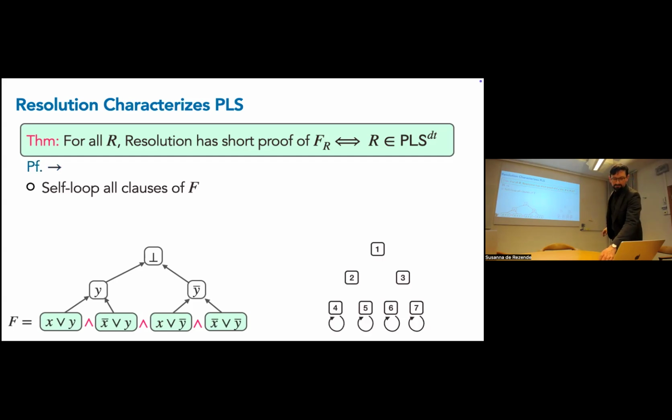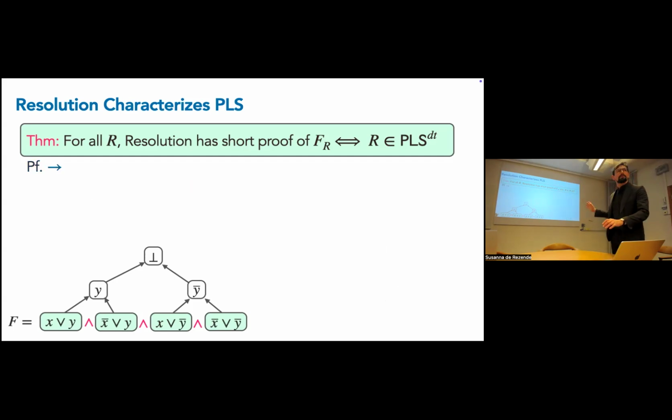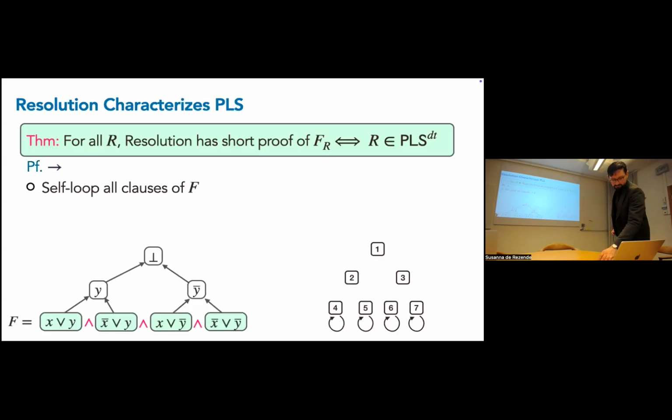And remember, PLS is the problem of finding a sink in a DAG. So we're going to introduce one vertex for every one of the clauses in our proof. And for all the axioms, the clauses belonging to F, we'll just self-loop them. So essentially what we're setting these up to be is potential solutions.